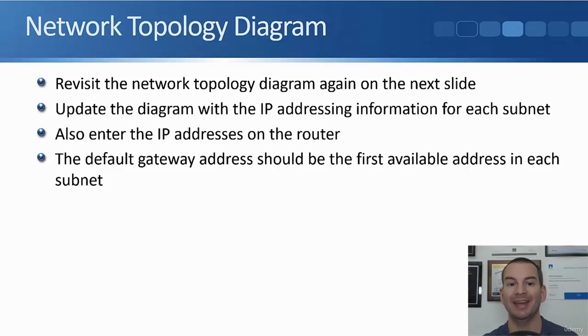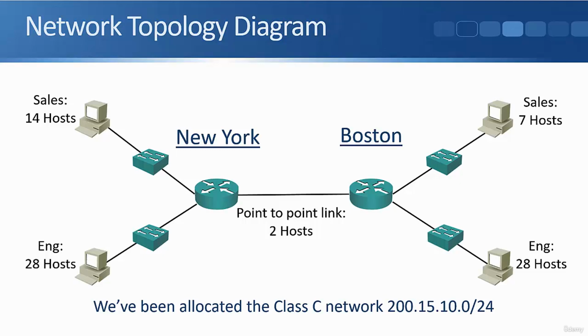Okay, one more thing that I want you to do. I want you to have a look again at the network topology diagram that you saw at the start of this lecture. You don't need to scroll back. I'm going to put it up on the next slide. Then what I want you to do is get a piece of paper and a pencil, and draw the network diagram. But this time I want you to include the networking information, the different subnets that we just figured out. So make it look exactly like this with the routers and the switches, but rather than saying sales 14 hosts, I want you to say sales, and then tell me the subnet that is going to be in use here.